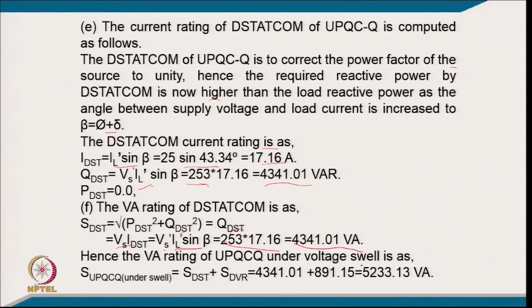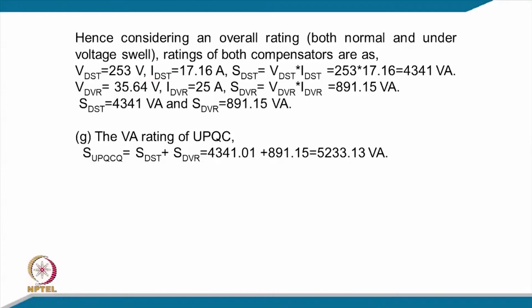Hence, the total VA rating of UPQC will be S D statcom plus S DVR, the D statcom rating plus the DVR rating, that is typically the sum of these two. So, it becomes 5233.13 VA. Hence, considering the overall rating for both normal and voltage swell, the rating of both compensators, we can call the voltage of D statcom 253, current 17.16.